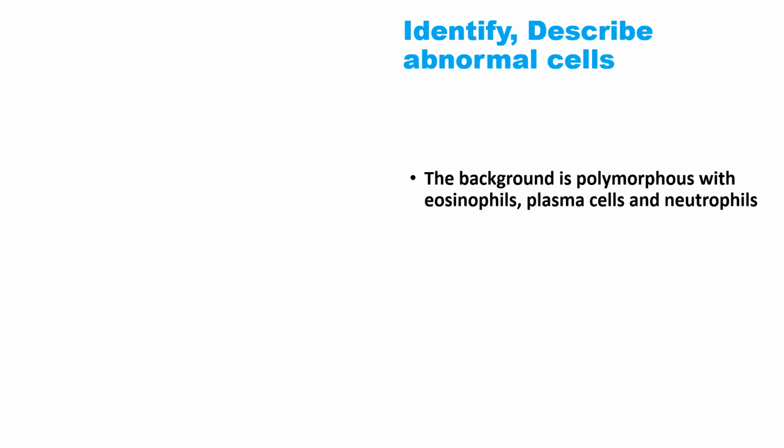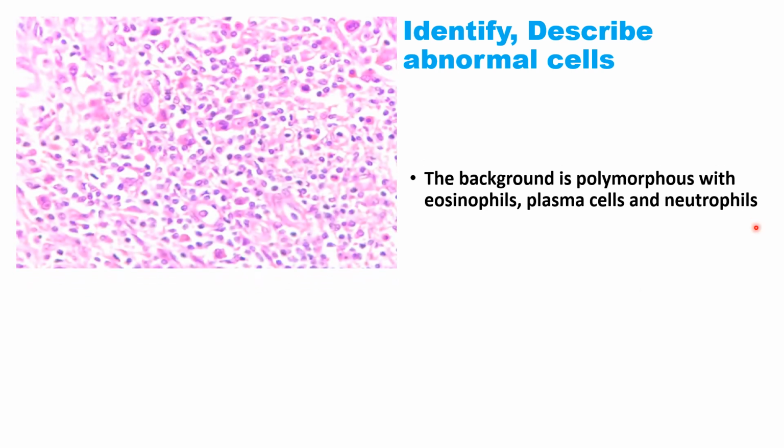Next one is identify and describe the abnormal cells. Now one point has come up: the background is polymorphous with eosinophils, plasma cells and neutrophils. Okay. Now what is the image like? This is the image. Now what you see is there are many lymphocytes, and as is written here, the background shows eosinophils, neutrophils and plasma cells.